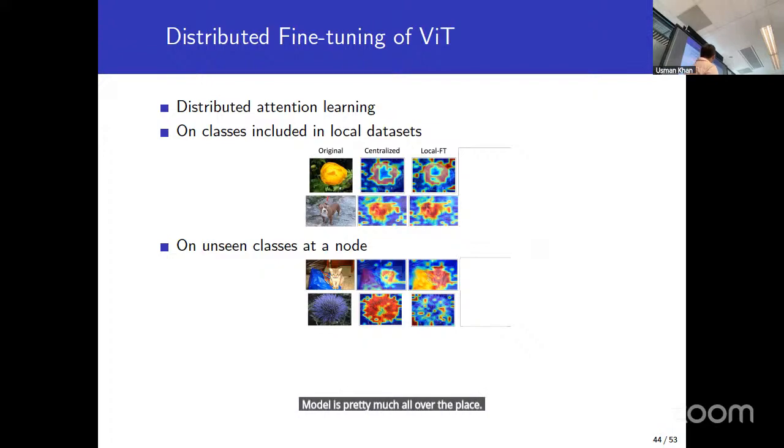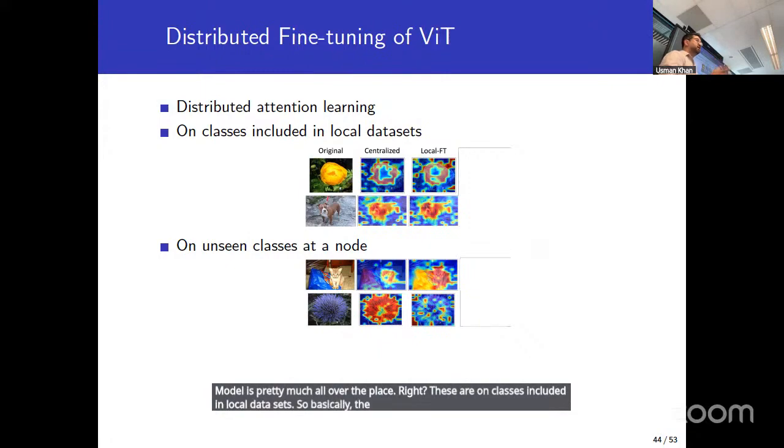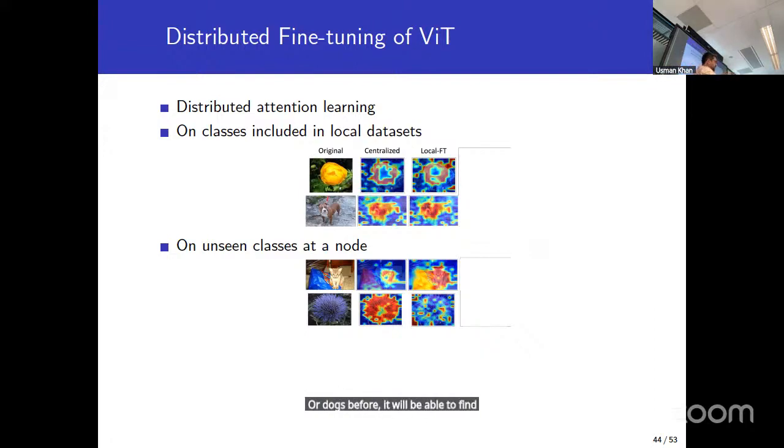These are on classes included in the local data set. So basically, the top figure is saying if the model has seen cats before or dogs before, it will be able to find the right attention to put on the dog. But on a class that it has not seen before, like this cat, it won't be able to put the right attention mask. And this is the local one.